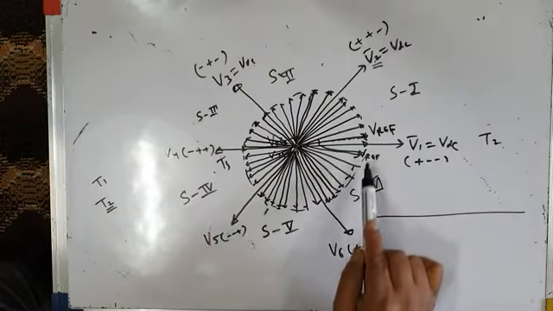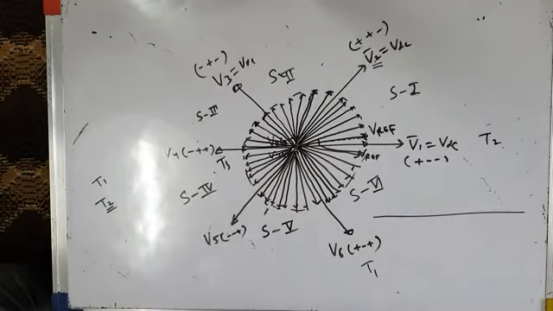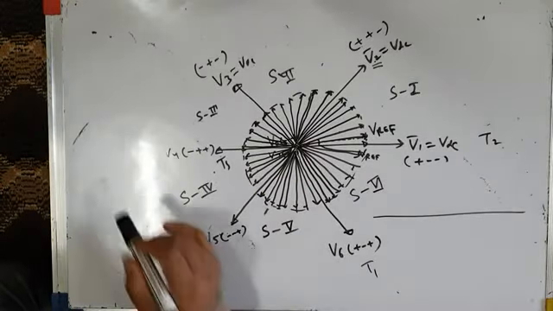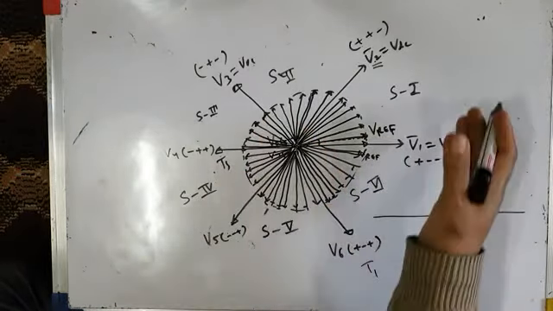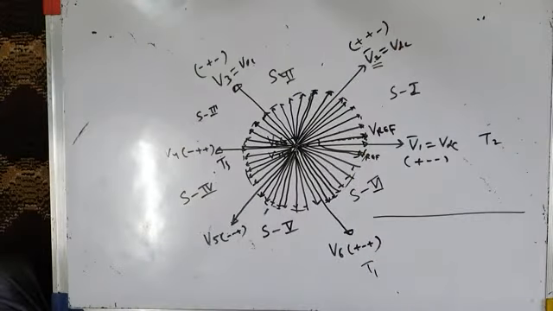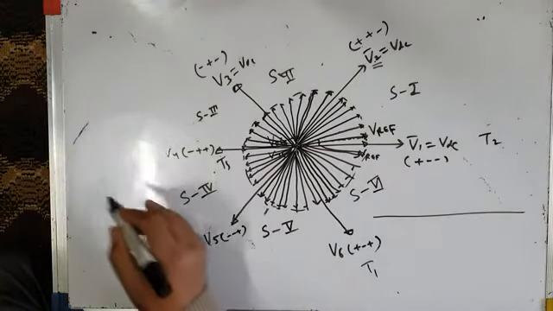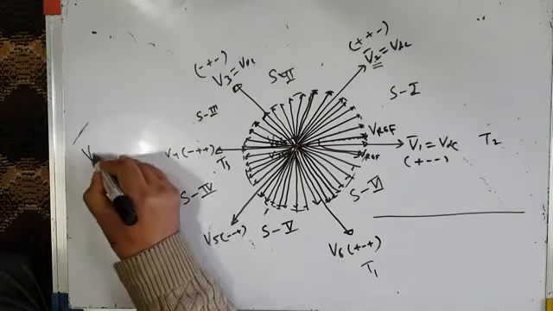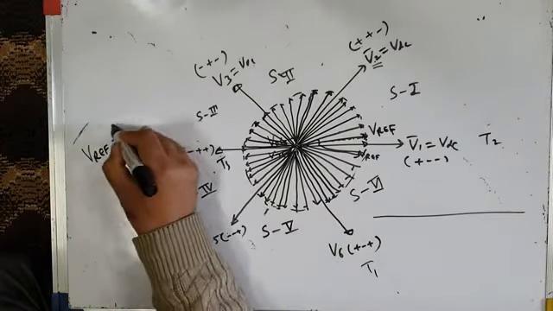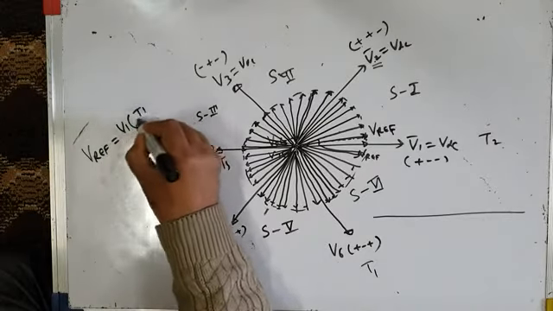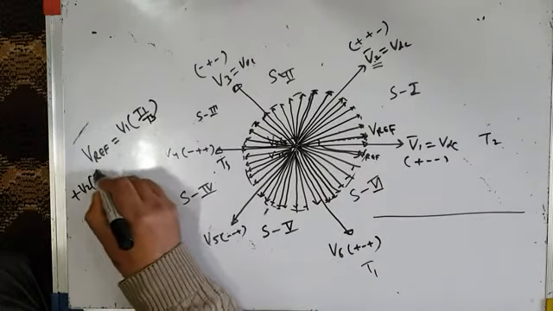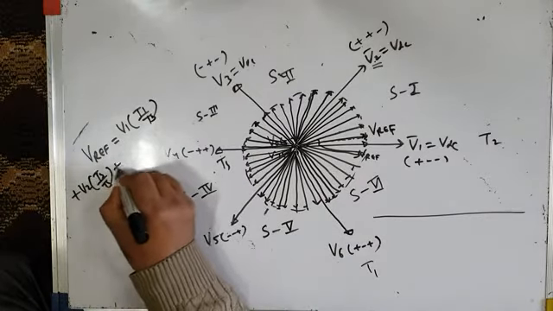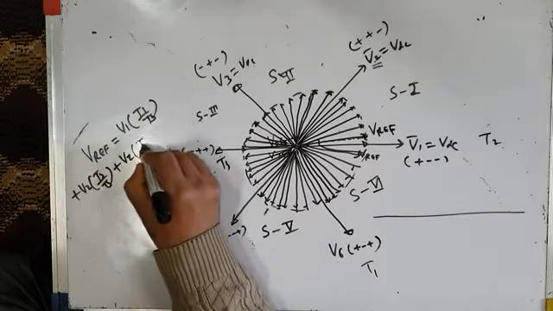Similarly in other sectors. Why am I saying time averaging? Because you are applying a particular voltage space vector for time interval T1, another voltage vector for time interval T2, and the zero voltage vector for time interval Tz, so that Vref is equal to V1 into T1 by Ts plus V2 into T2 by Ts plus Vz into Tz by Ts.